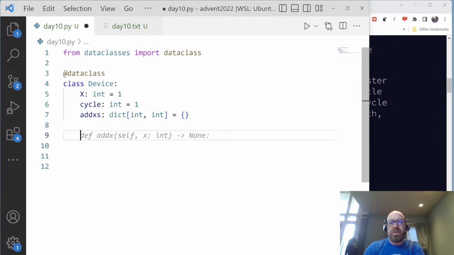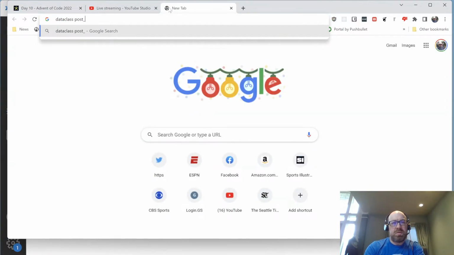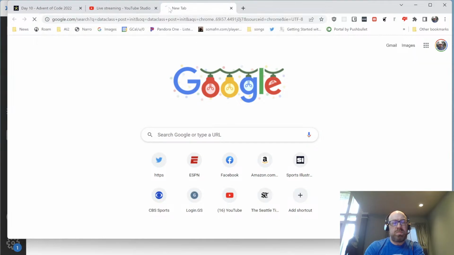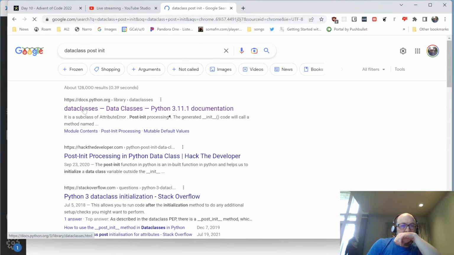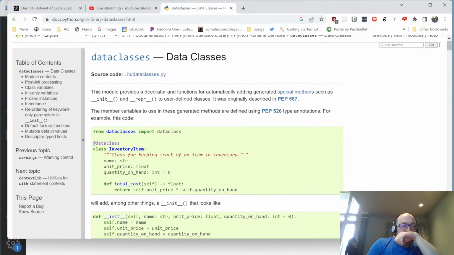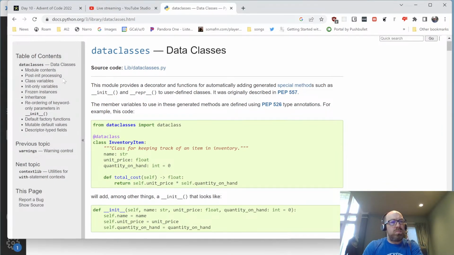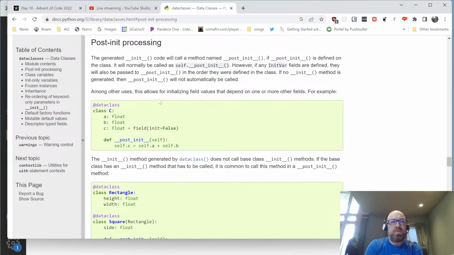There's a post init thing, right? Is that right? Dataclass post init. Post init processing, to generate a code comment.